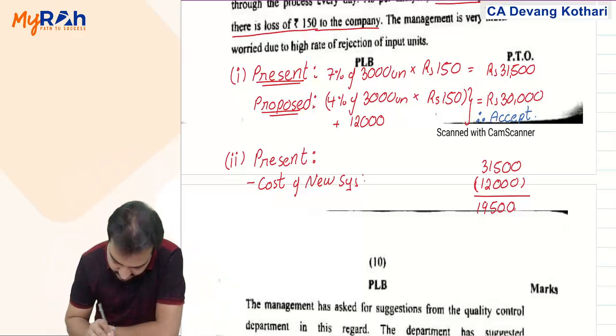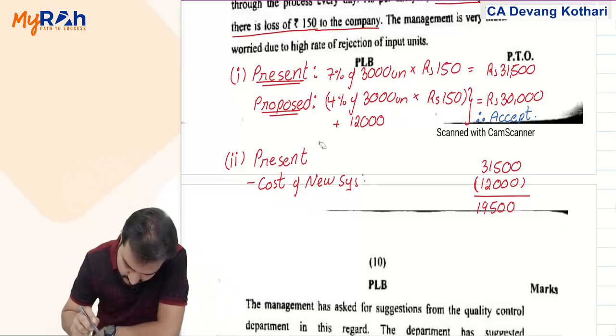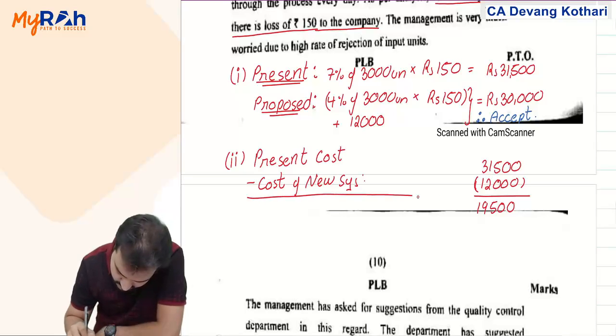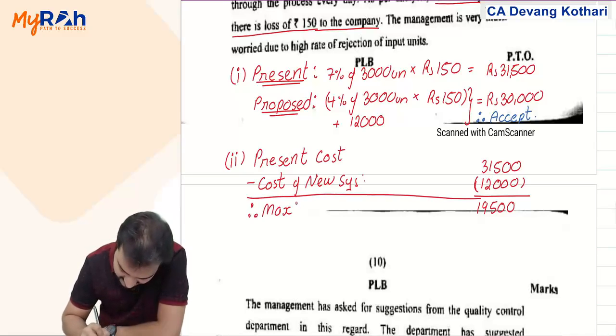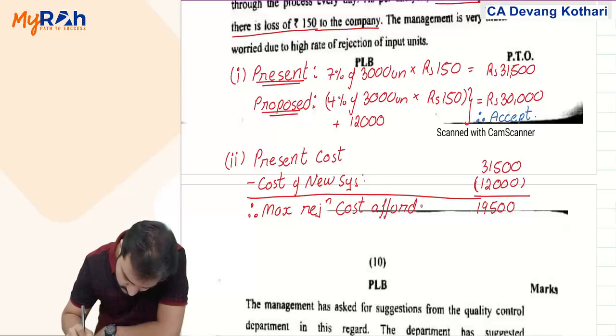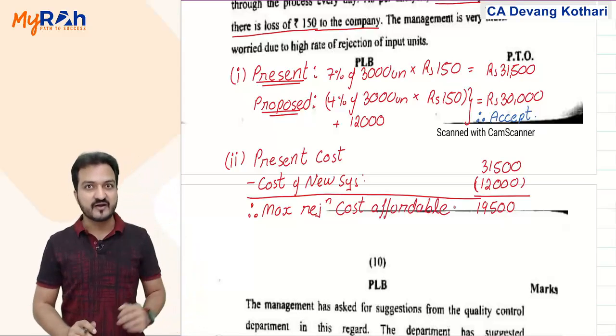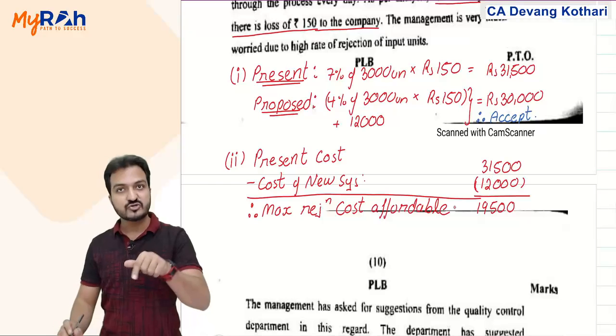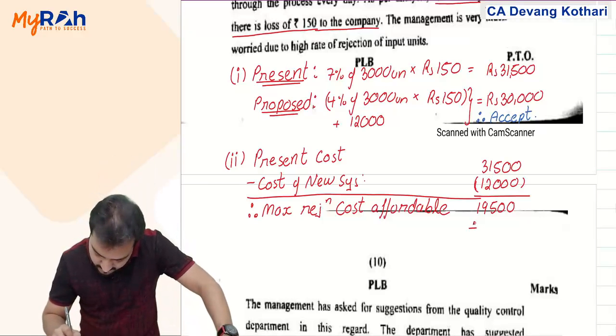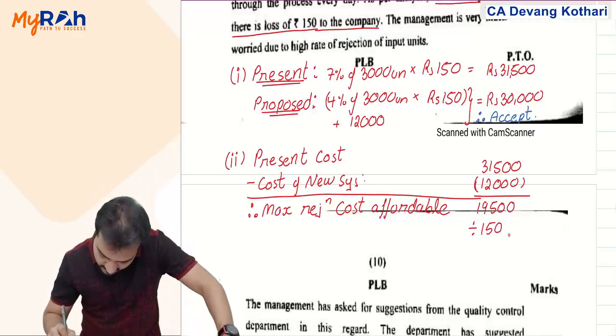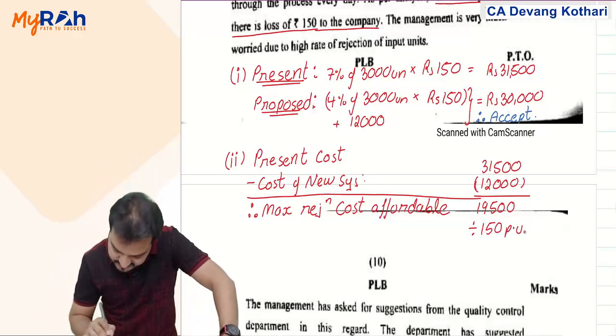Yeah, 19,500 is the maximum rejection cost. Maximum rejection cost affordable is 19,500. Now what is the cost of each rejection? 150 per unit is the cost of each rejection.